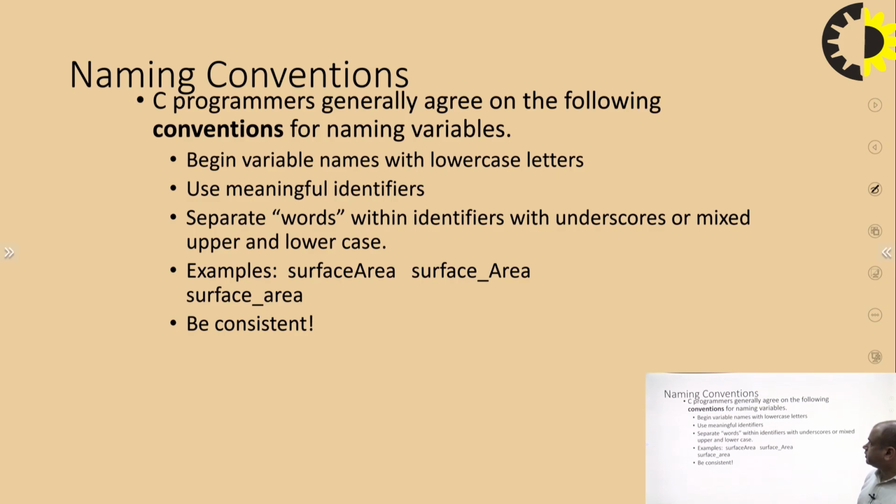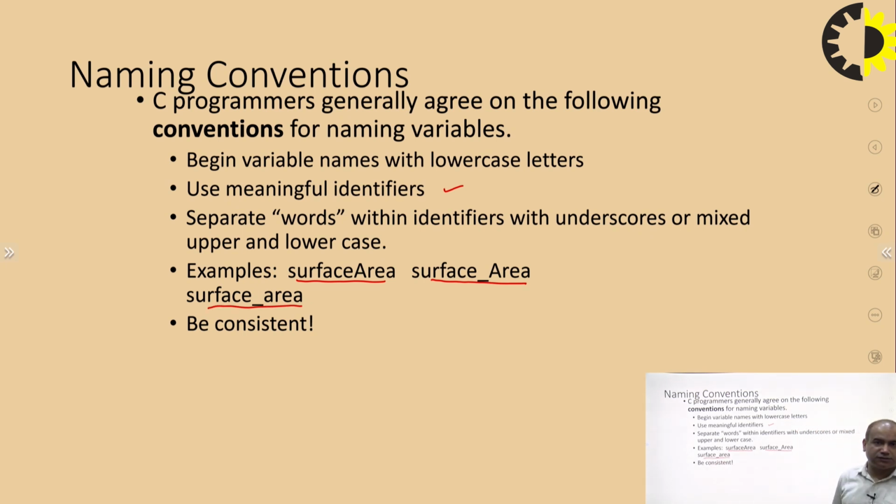naming convention. Generally begin the variable name with a lowercase character, use meaningful identifiers, separate words within the identifier with underscore, or mixed uppercase and lowercase are allowed. For example, if I write surface area, I can write this way, or this way, or this way.